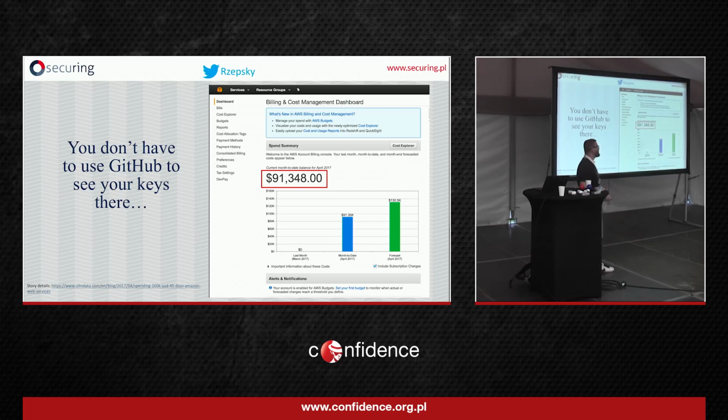So now you can see that it is quite usual. And actually, during one of our projects, we also observed that on the infrastructure of our customer, there is an active cryptocurrency miner running.